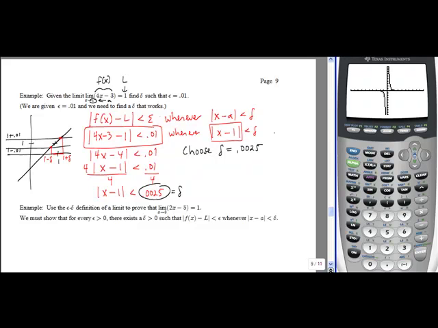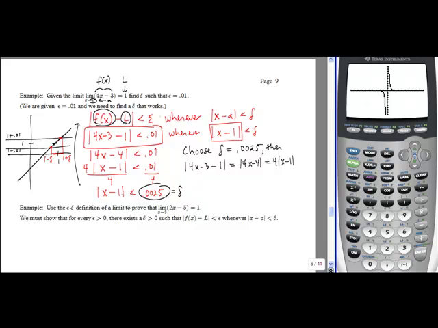Now, if we make that choice, then kind of going in reverse here, that means that the original function, which was 4x minus 3, so this part right here, minus L, which was our 1, becomes 4x minus 4, which becomes 4 times the absolute value of x minus 1.